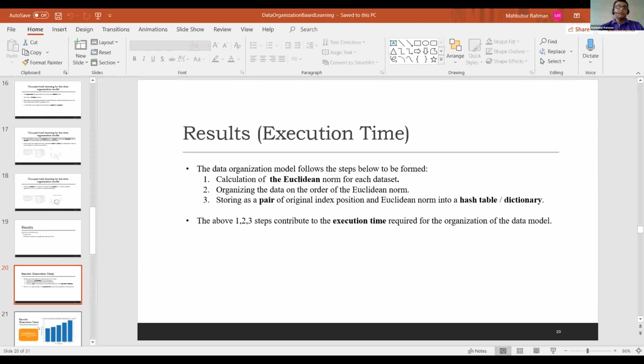The data organization model follows the steps below to be formed: calculation of the Euclidean norm of each data set, next, organizing the data in the order of the Euclidean norm, and storing as a pair of original index position and Euclidean norm in a hash table or dictionary. So these three steps combine the overall execution time required for the organization of the data model.